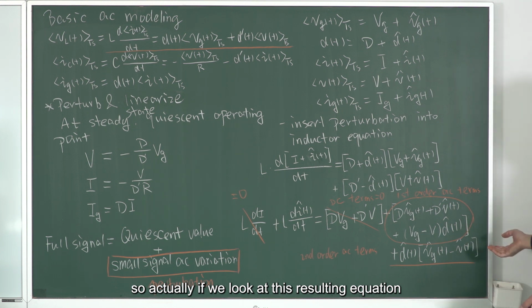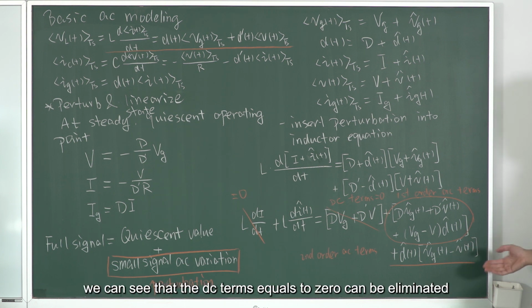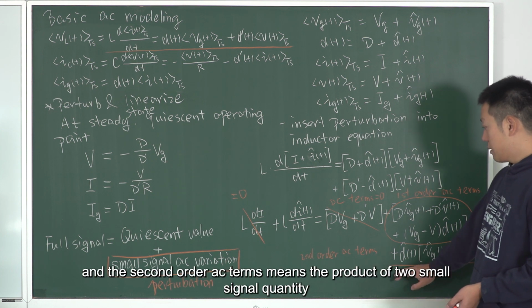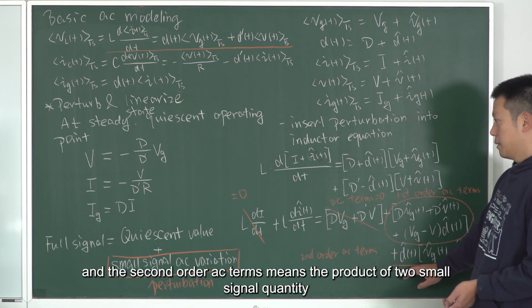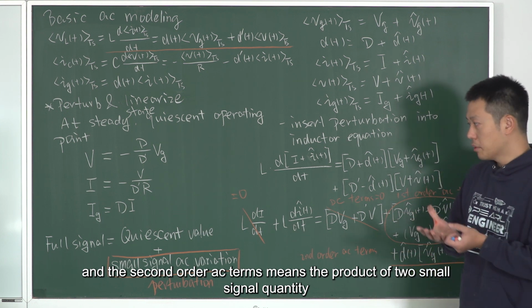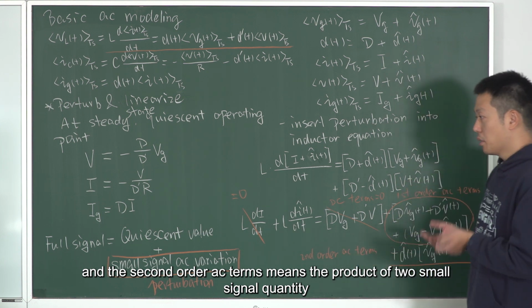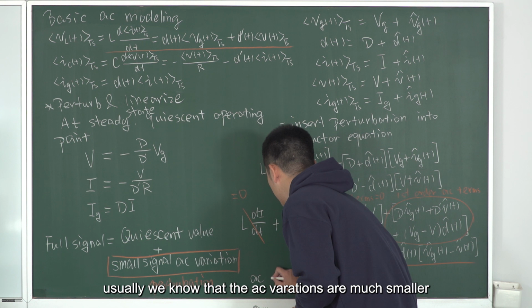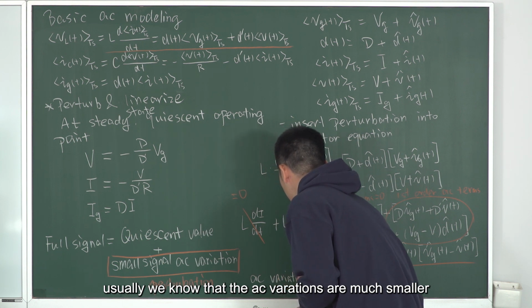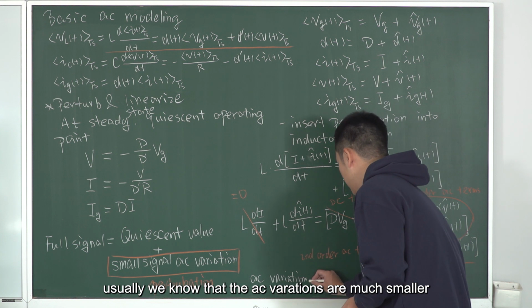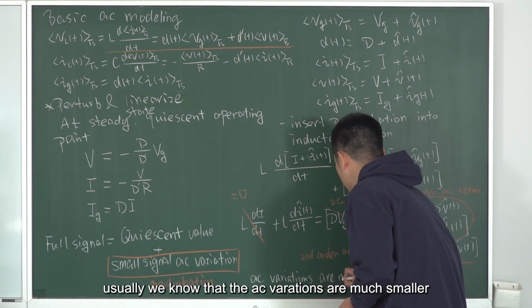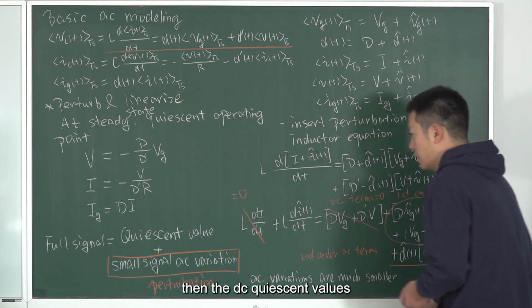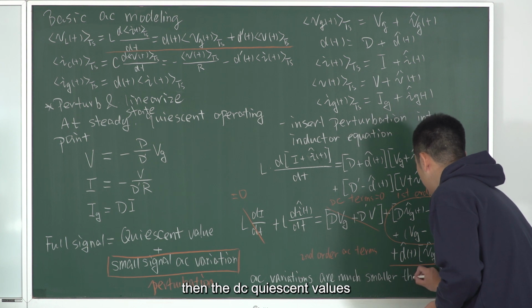If we look at this resulting equation, we can see that the DC terms equal to 0 can be eliminated. And the second order AC terms mean the product of two small signal quantities. Usually, we know that the AC variations are much smaller than the DC quiescent values.